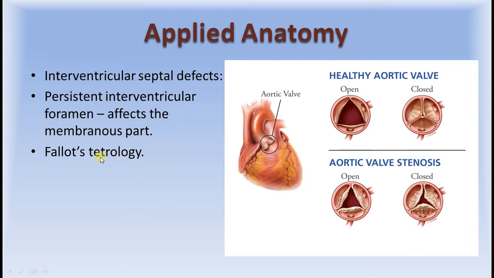I will repeat: right ventricular hypertrophy, interventricular septal defect, pulmonary stenosis, and finally the overriding of the aorta. You also have a pentalogy, which is combined with atrial septal defect.